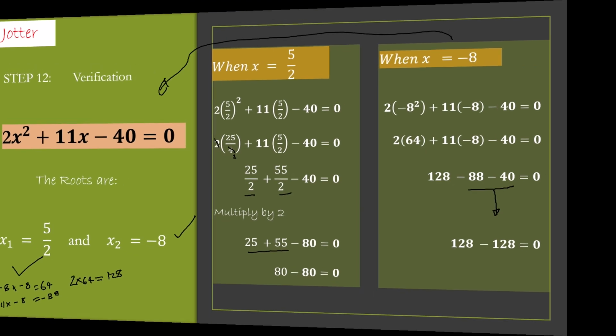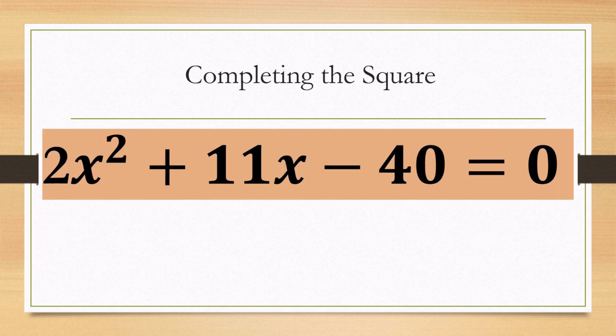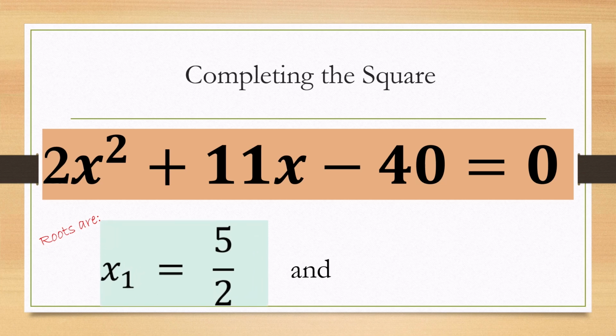So our quadratic equation 2x squared plus 11x minus 40 equals 0 has two roots, which are x equals 5 over 2, that's the first one, and x equals minus 8. And we have seen that these two roots are in agreement with the equation.